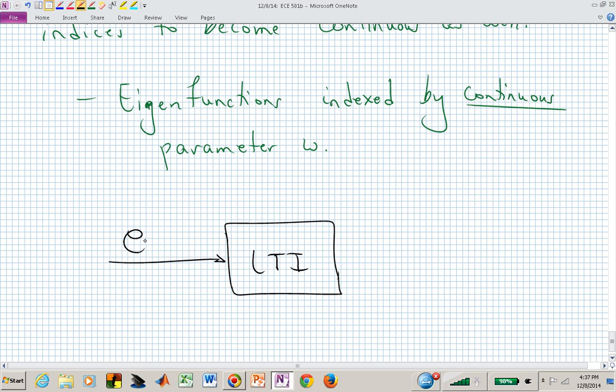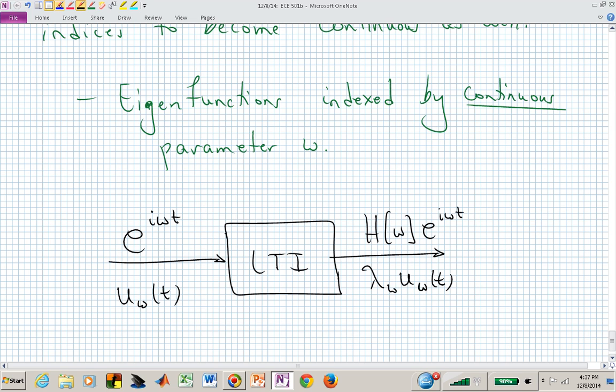Our input is a specific sinusoid, e to the i omega t, or it could be just labeled as u of omega of t, and that now generates some H of omega e to the i omega t, or that's now some lambda of omega u of omega t.